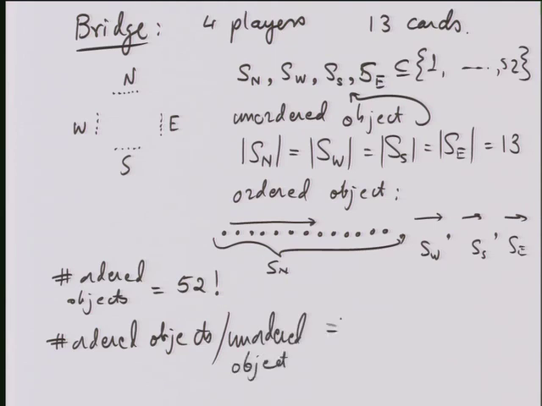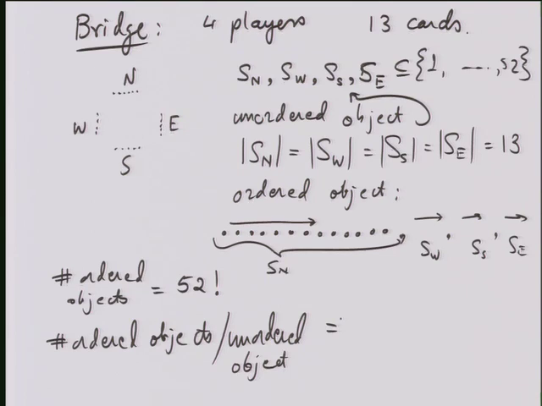Okay, so what do we mean by this? I have 13 cards, and you have 13 cards. There's somebody here who has 13 cards, and somebody there who has 13 cards. We've already dealt these cards, but now we want to know how to create these ordered objects out of this.